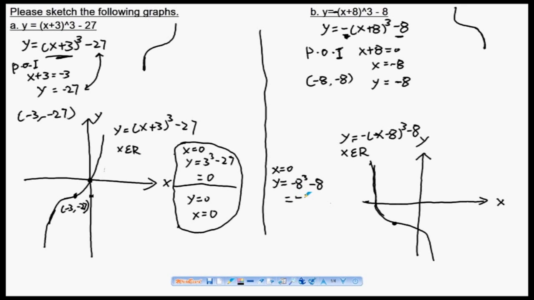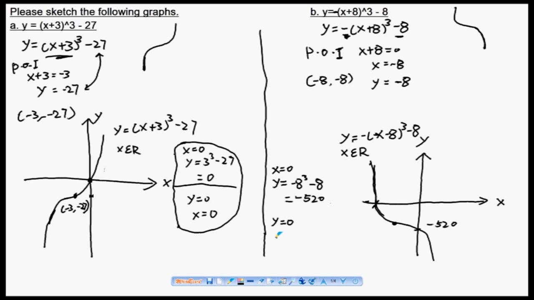Sorry, minus 520. So our y-intercept here is minus 520. We assume y equals 0 to find the x-intercept.